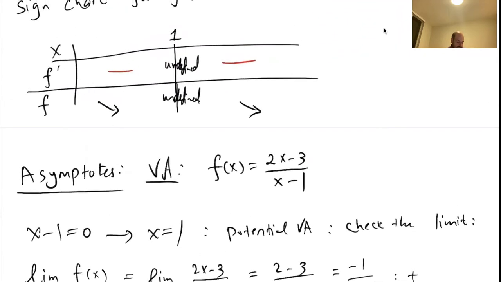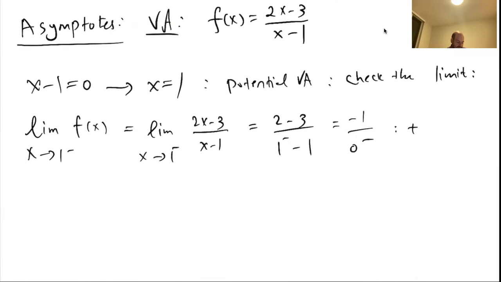We get minus 1 over 0 minus, so this is plus infinity.